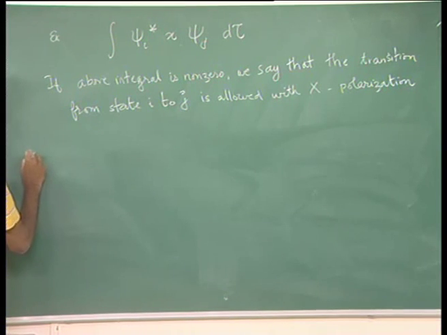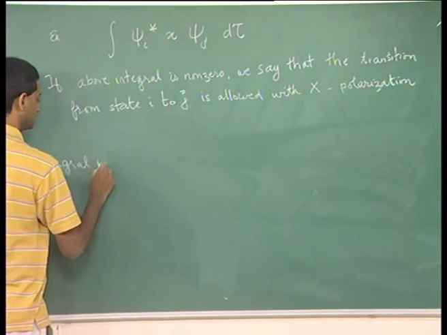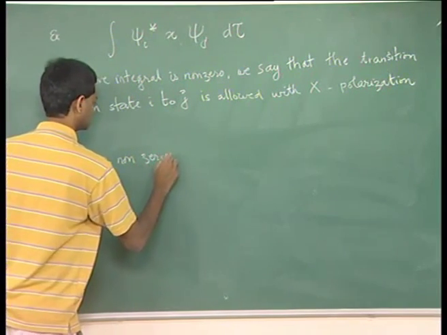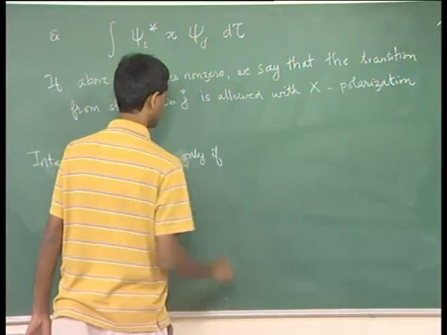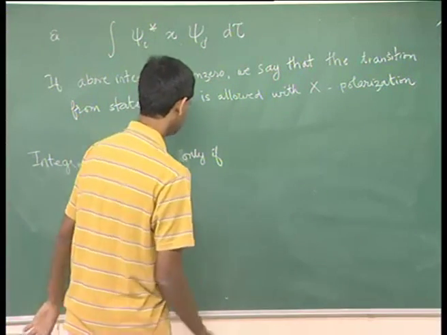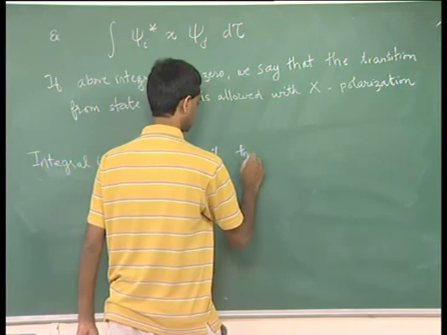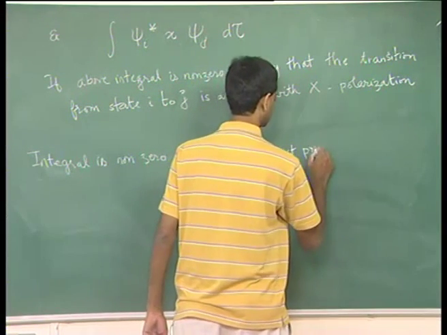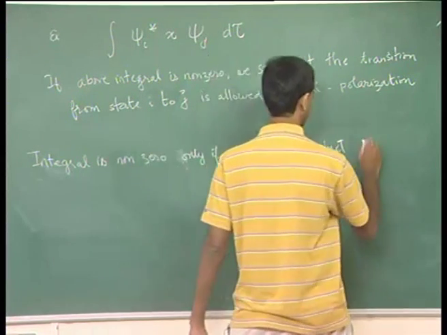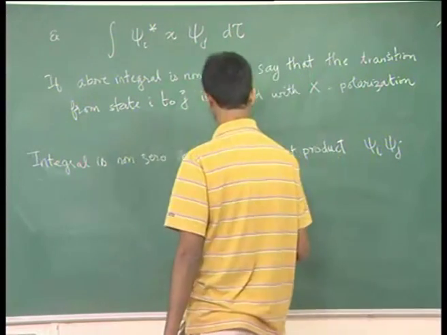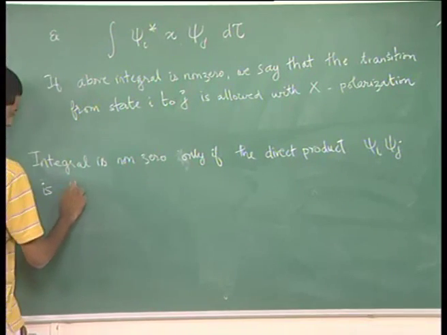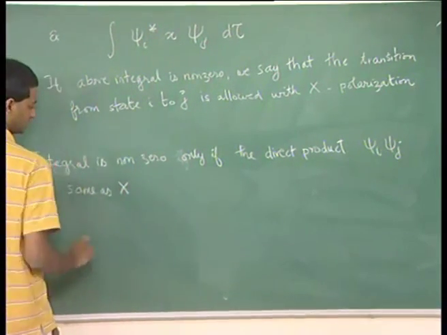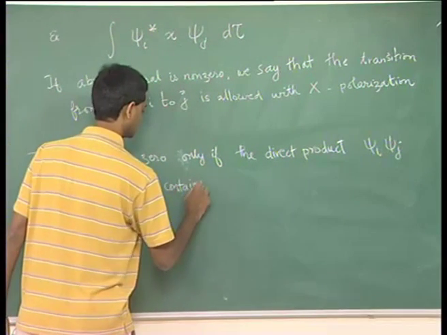So the integral is non-zero if and only if the direct product, psi i psi j, okay, the direct product representation psi i psi j is the same as x or contains x.